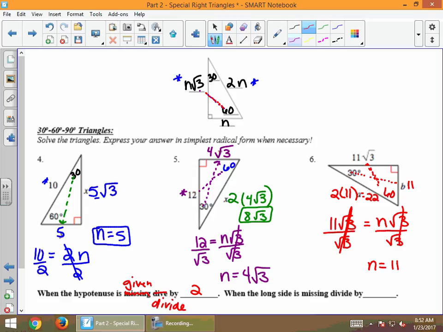Whenever the long side is given, you are going to divide by radical 3 to find your short side. So that's the side you always want to find first.